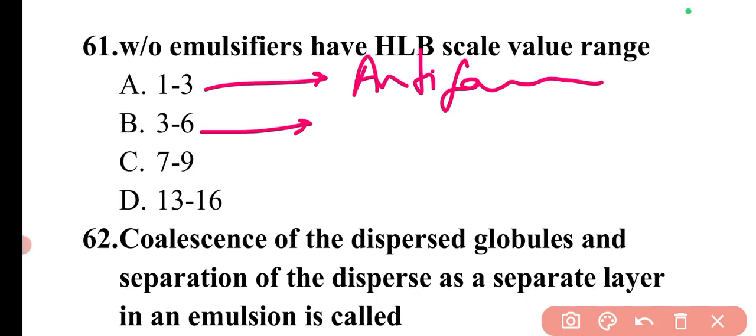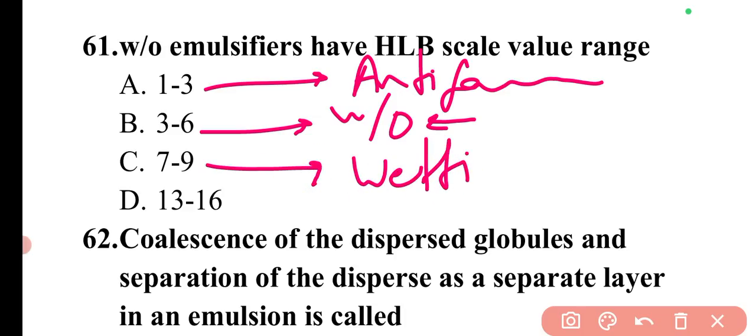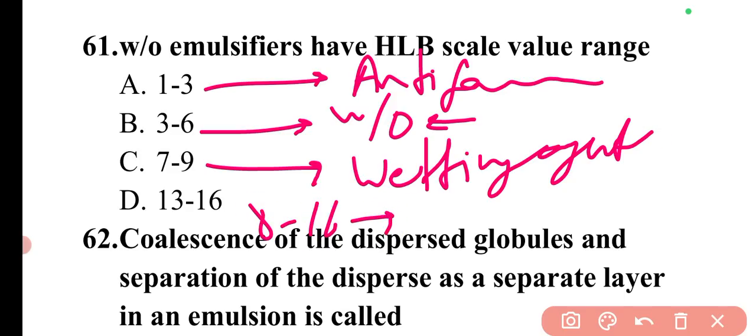3 to 6 is a water in oil emulsifying agent, which means oil is in more quantity. Then from 7 to 9 it will be a wetting agent. It is a wetting agent because now it starts changing from oily to hydrophilic. Then 8 to 16 is an oil in water emulsifying agent.